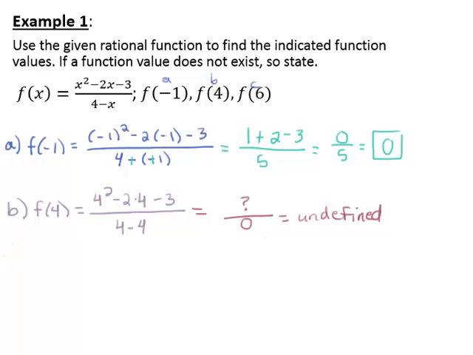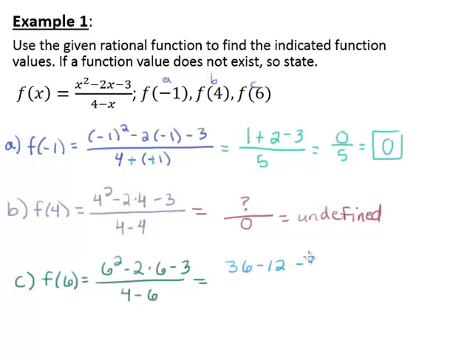Part C, we're going to find f of 6. So we plug in a 6. So on top, 6 squared is 36. 2 times 6 is 12, so that's -12, -3.